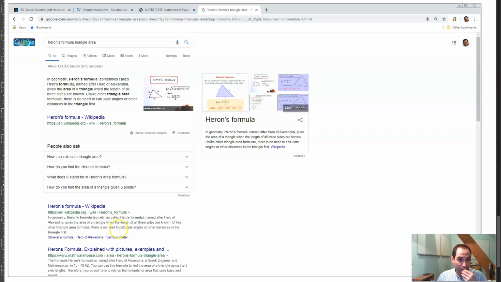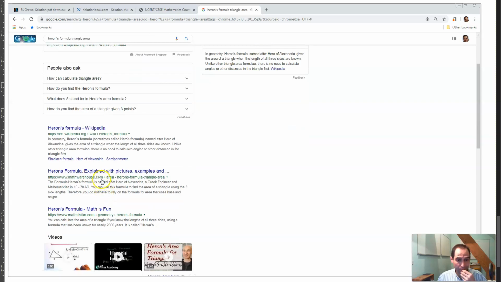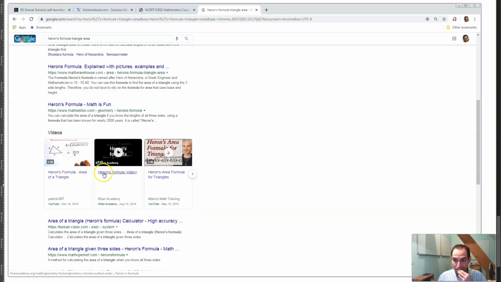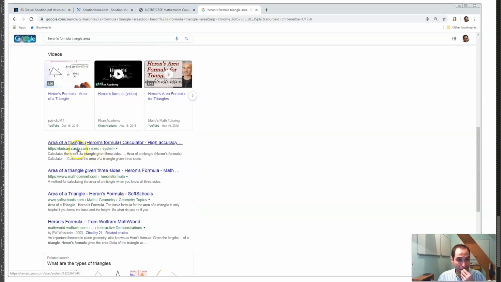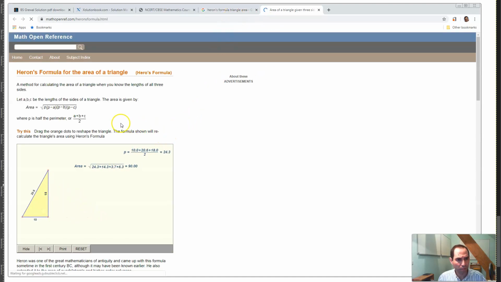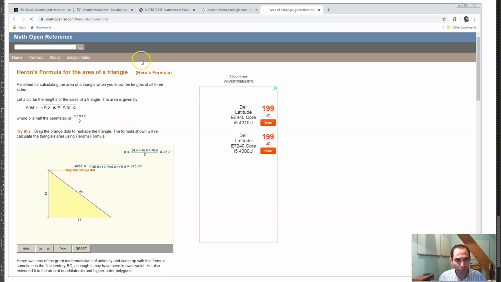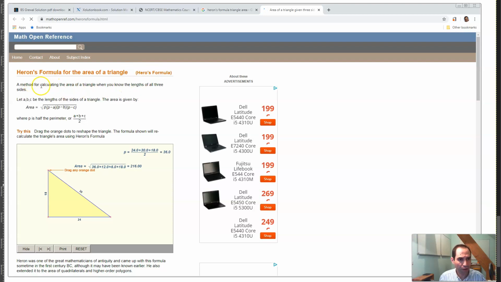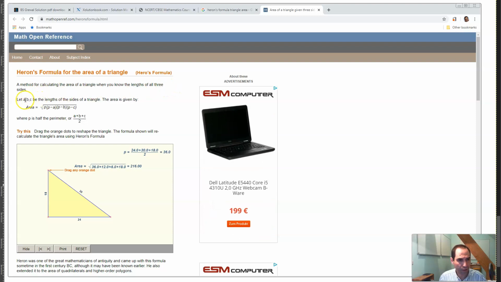So in geometry, okay. So here we have basically Heron's formula for the area of a triangle, a method for calculating the area of a triangle when you know the length of all three sides.